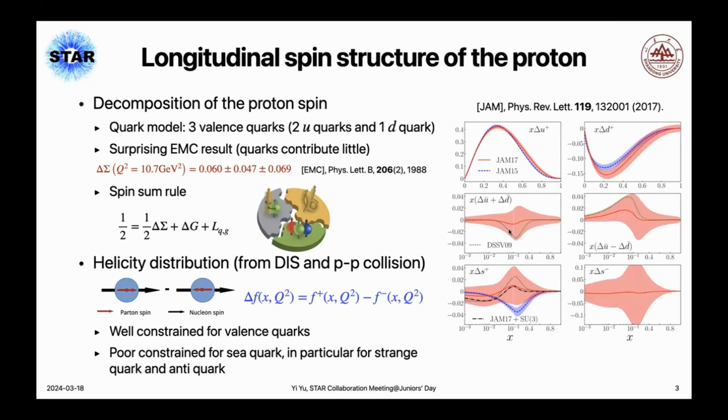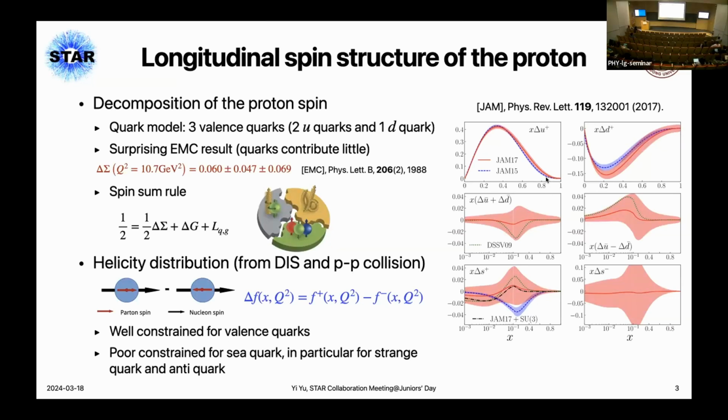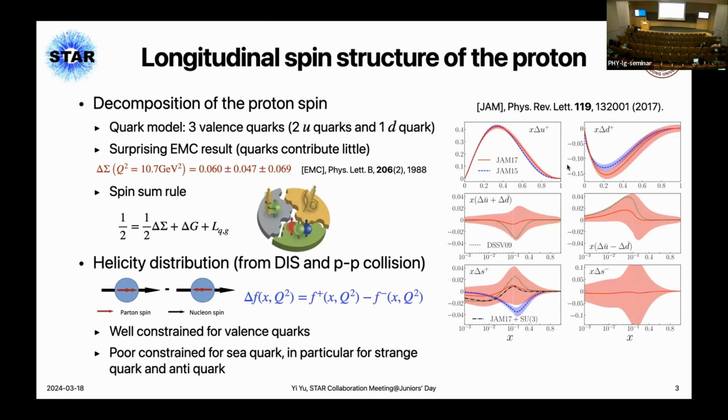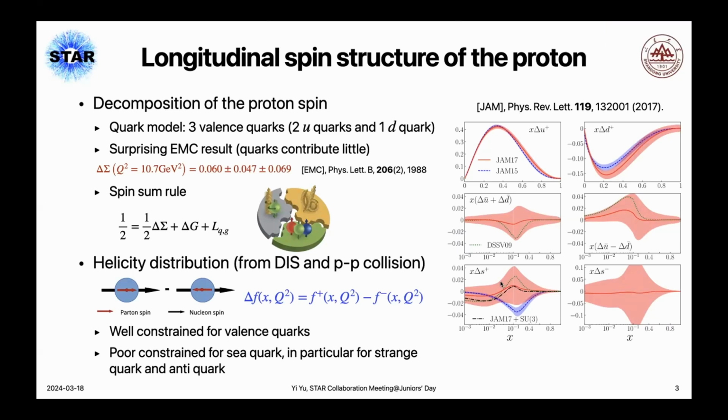The right plot shows the global analysis of the helicity distributions of different partons. As we can see from the first row, the helicity distributions of valence quarks have been constrained well. However, for sea quarks, in particular, in the bottom row, the strange quark, there are still large uncertainties.